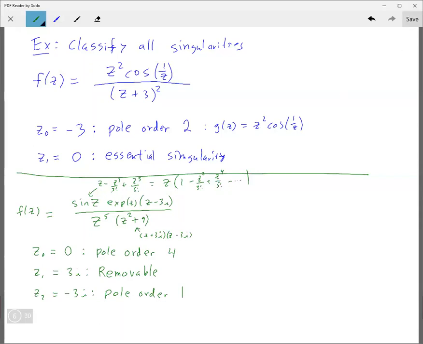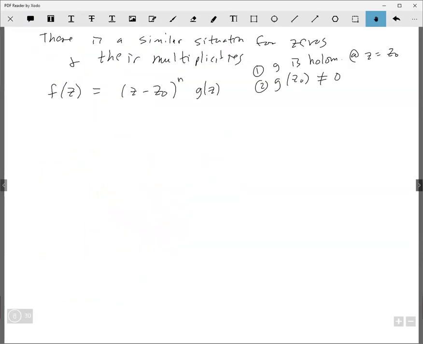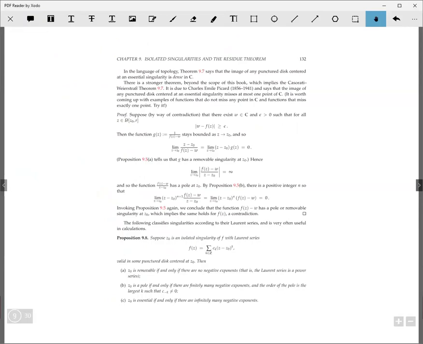Now there's another really important thing that leads to the rest of what we're doing, and this is this principle right here: how isolated singularities are related to the corresponding Laurent series about that point.